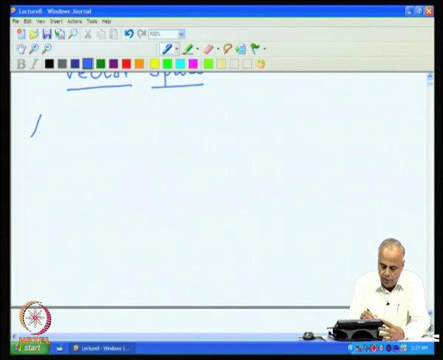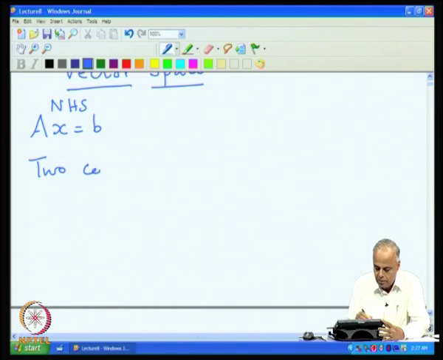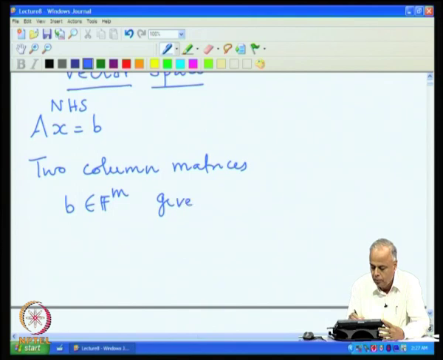While dealing with a non-homogeneous system Ax = b, we have to encounter two column matrices, namely b which is in F^m, which is given, and x which is in F^n and which is to be found.